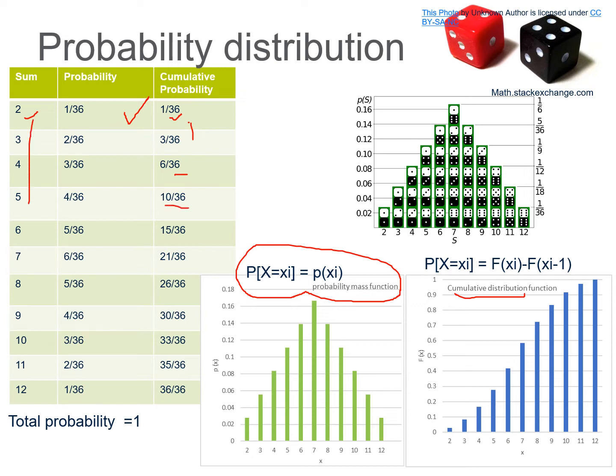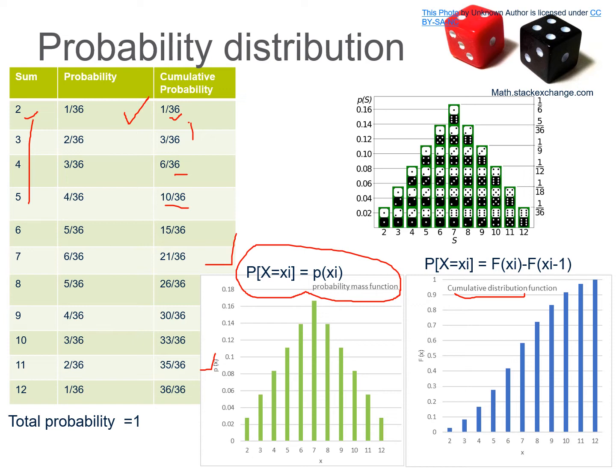So you can define this as, what is the probability of getting the sum as 5 or less? What is the probability of getting a sum of 7 or less? What is the probability of getting 11 or less? So that is the cumulative distribution function, to get the value up to that point or less. That is defined as the cumulative probability.